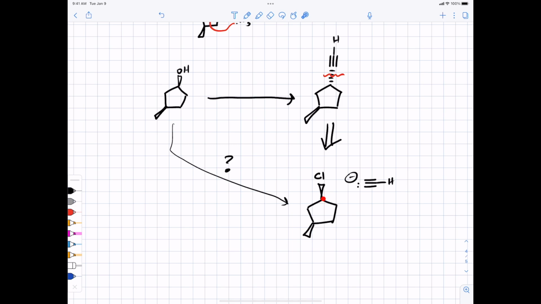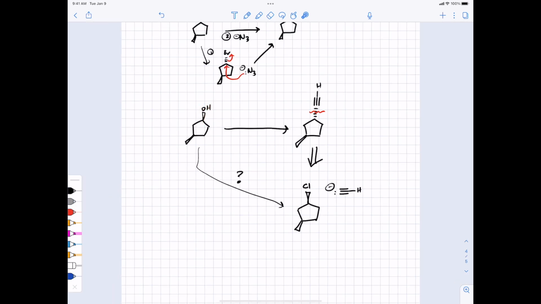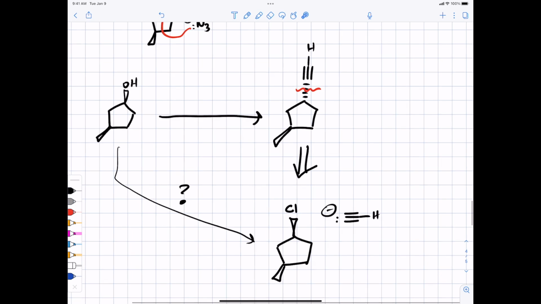No, because SOCl2 is an SN2 reagent. You'd get inversion. So if I protonated the OH first, I'm going to go through a carbocation intermediate, and that's going to give a mixture of diastereomers where we have both configurations of this carbon. What you're really looking for is a way to convert the OH into a good leaving group without messing with the stereochemistry.